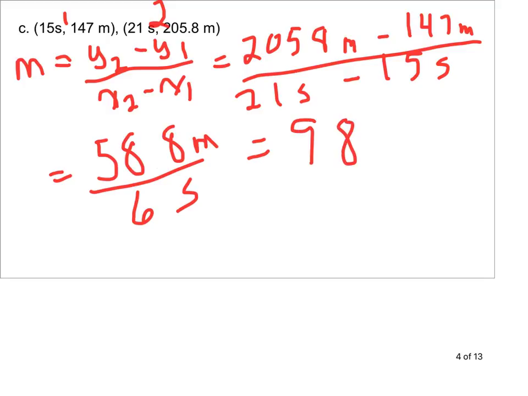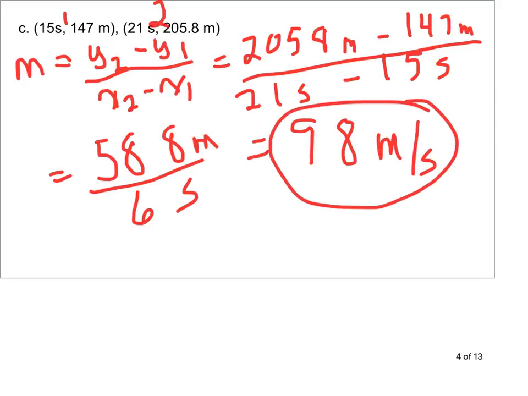Well, the calculator tells me looks like 2 sig figs is good, meters per second. This time we got a speed as our slope.